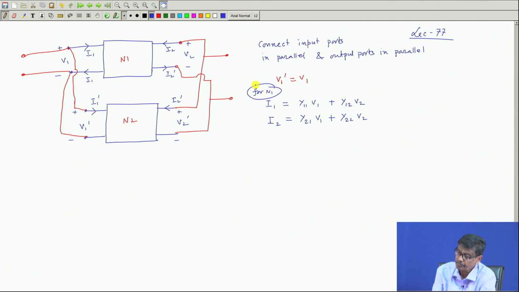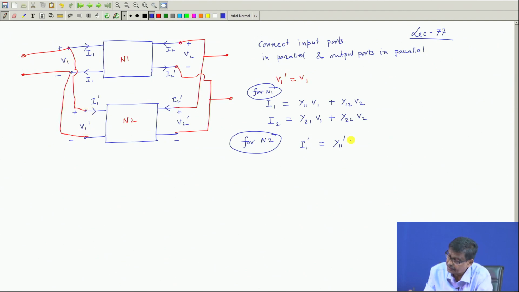For network 2, this time I will straight away write down I 1 dashed, which will be equal to y 1 1 dashed, for this network whose parameters I am marking with primes, into V 1 dashed, but V 1 dashed is equal to V 1.